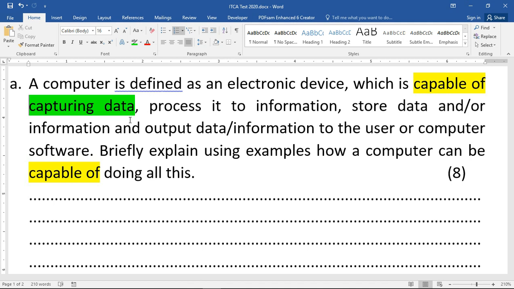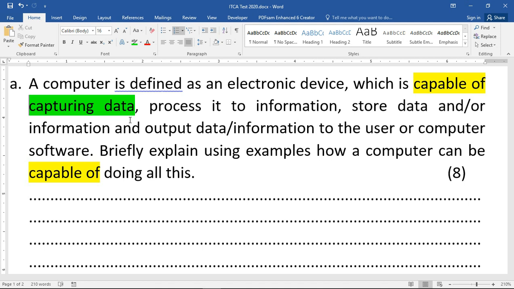We can say, what kind of data can a computer capture? And the answer to such a question is, a computer can capture audio or sound. It can capture visuals. By visuals, I mean pictures and videos. It can also capture text.